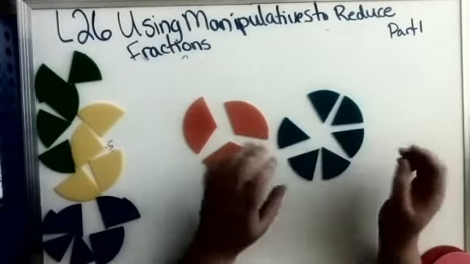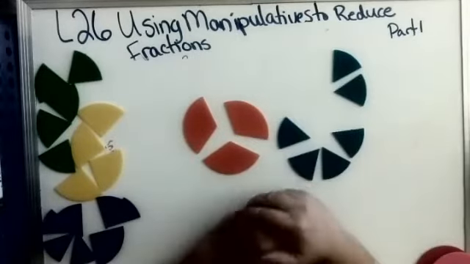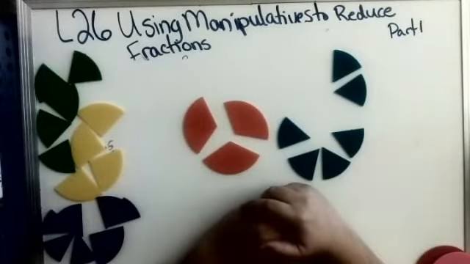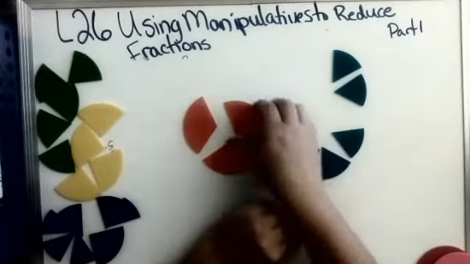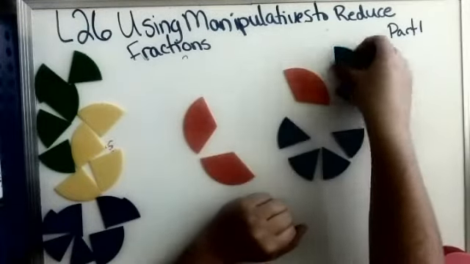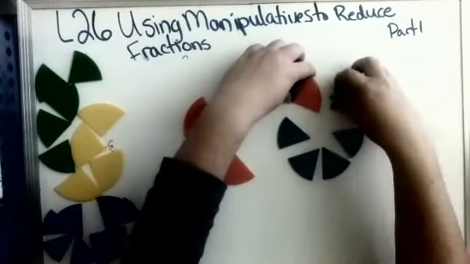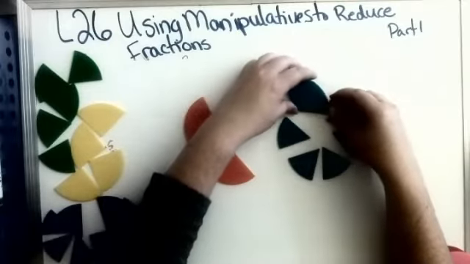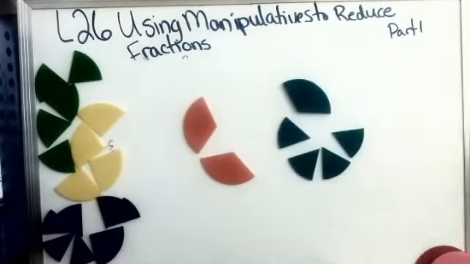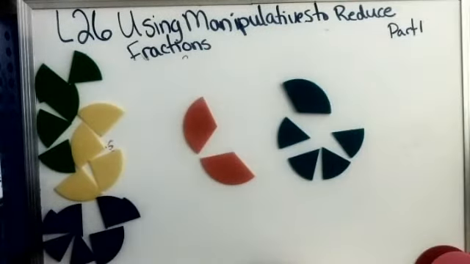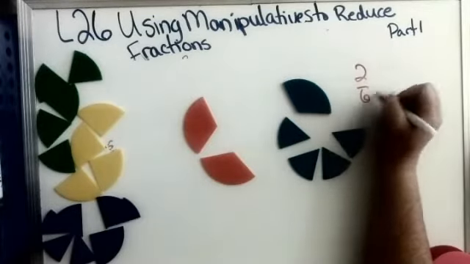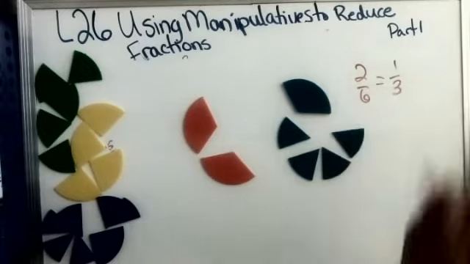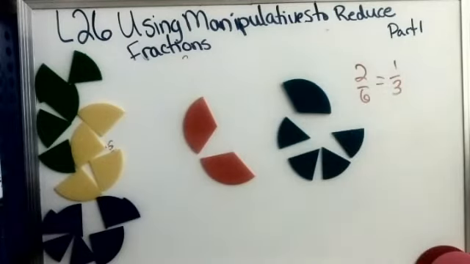Now, if I had 2/6 of a shape, 2/6 is the same as a third. And I can tell using my manipulatives because if I put them together, they fit perfectly over a third. So 2/6 is equal to 1/3. Those are equivalent fractions.